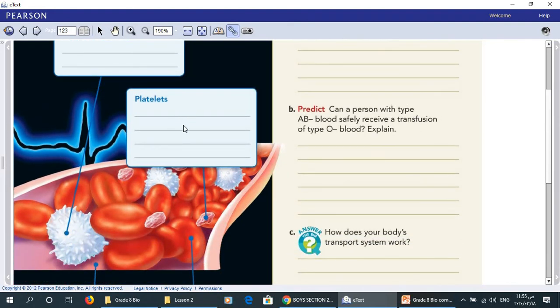Now, platelets. Platelets start the blood clotting process when a vessel is cut, forming blood clots. The answer will be they start the blood clotting process when a vessel is cut.